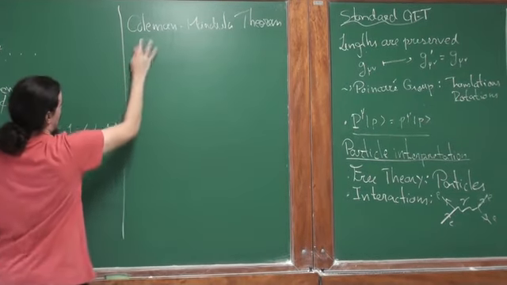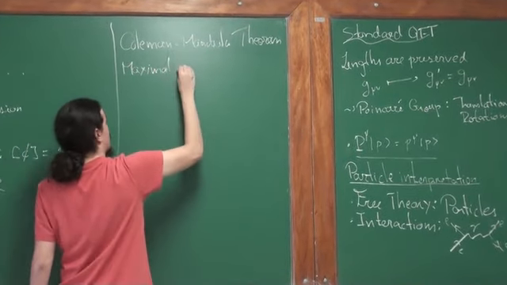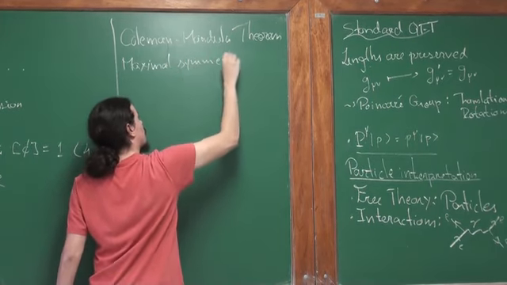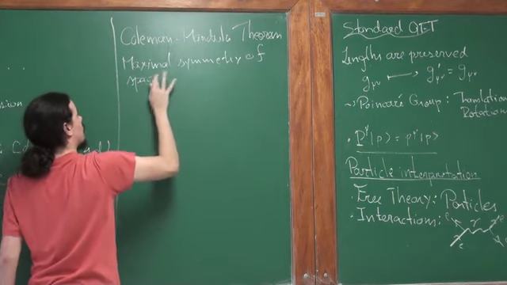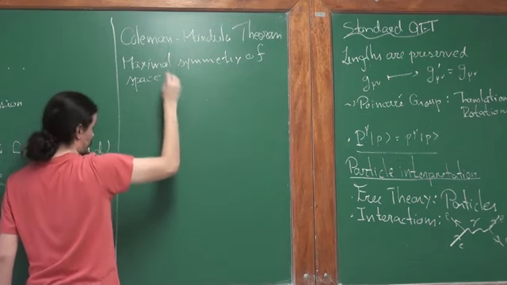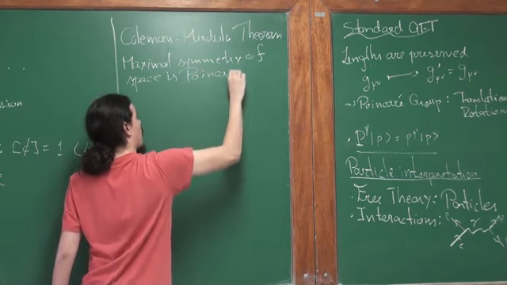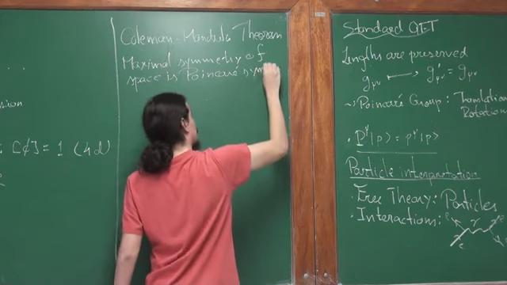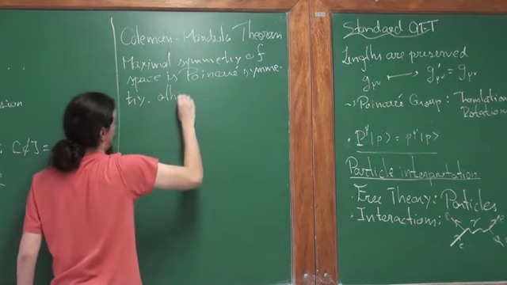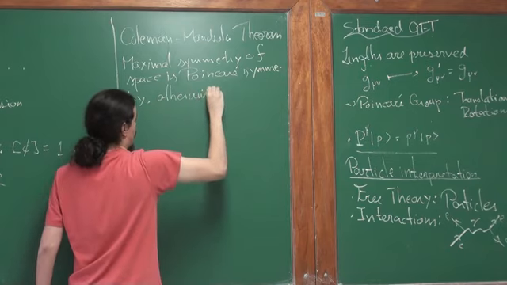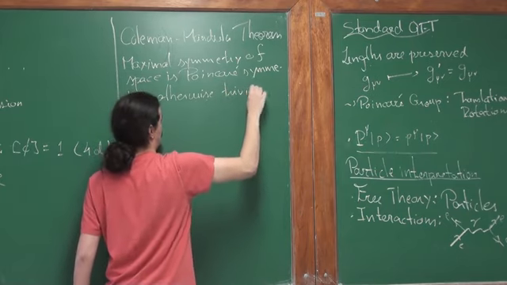The Coleman-Mandula theorem states that the maximal symmetry of space, or space-time if you will, is Poincaré symmetry. Otherwise, if you have a higher symmetry than the Poincaré symmetry, you have a trivial theory.